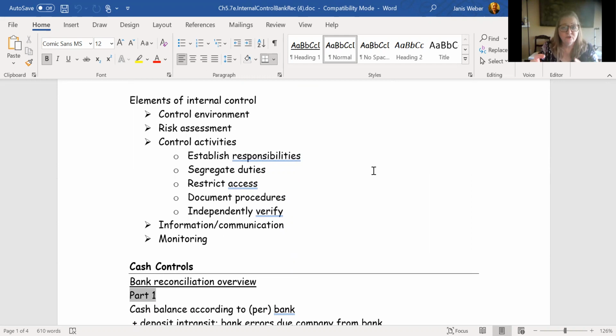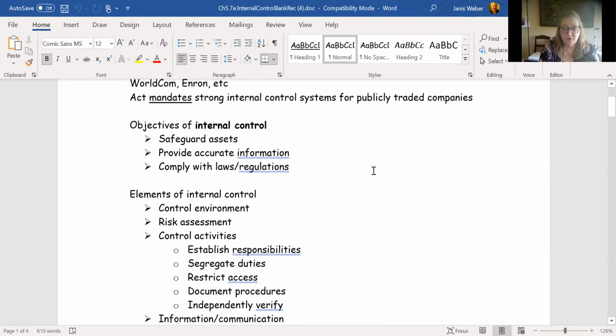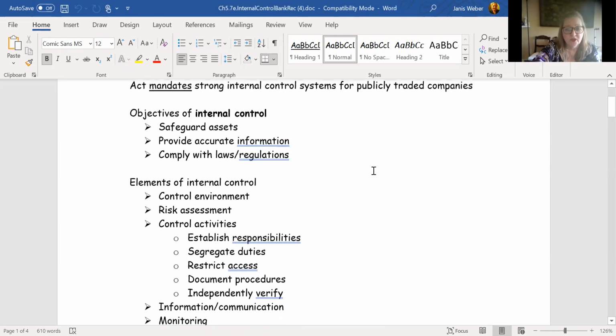And so under the control activities, there are 6 specific things that can be done to make the assets more secure to accomplish these purposes, to provide better information and to comply with the laws and regulations.